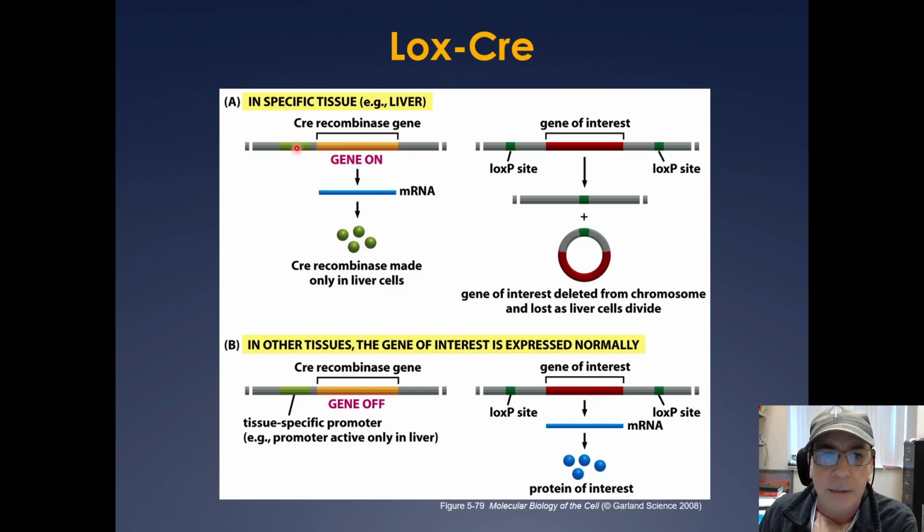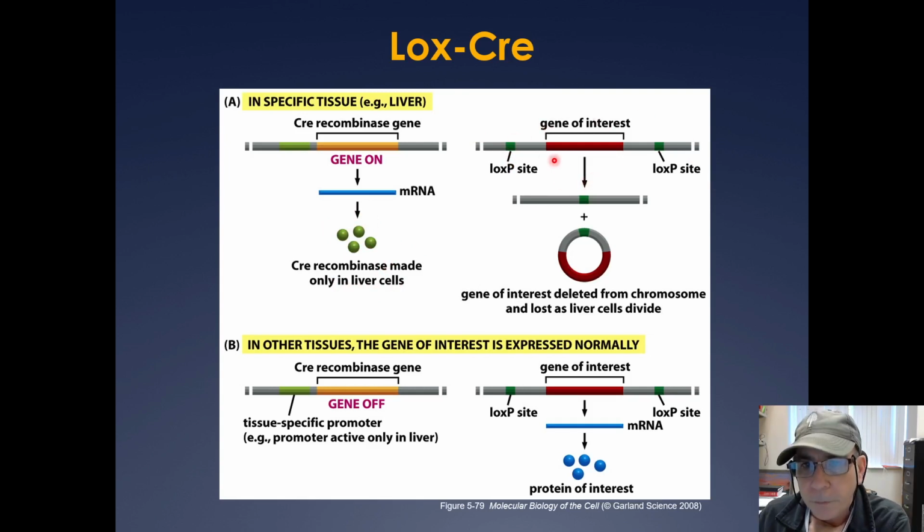So in this case, if it was a liver-specific promoter, the CRE recombinase would be produced, the mRNA would be expressed, and you would get CRE recombinase made in liver cells. You can cross that to a mouse that has LOX-P sites around a gene of interest.